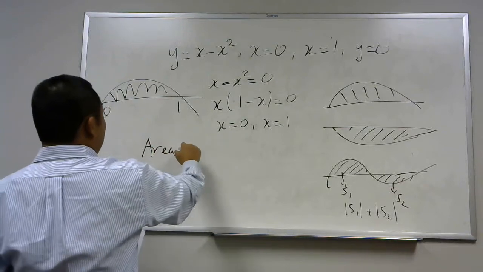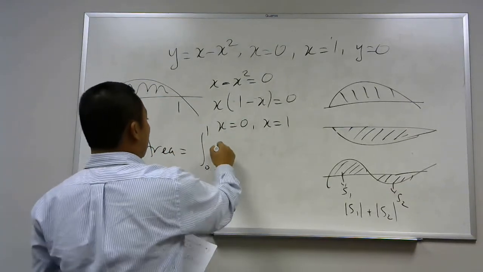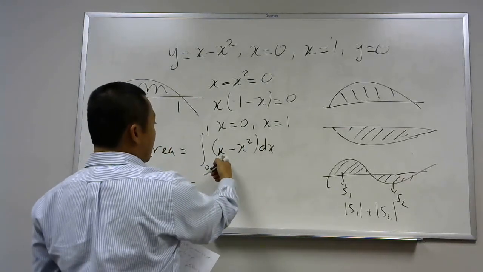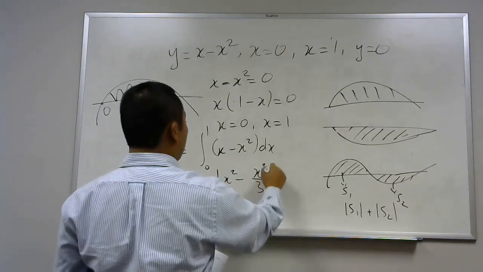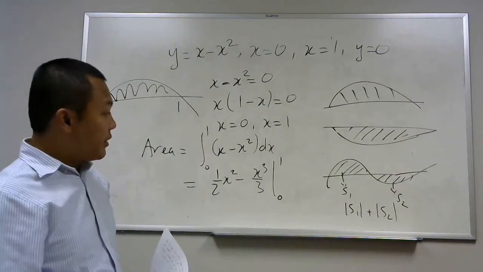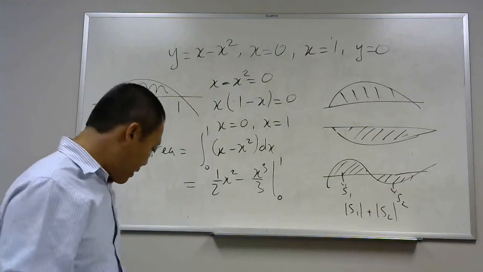The area is equal to the definite integral from 0 to 1 of x minus x squared dx. And that is 1 over 2 x squared minus x cubed over 3. You evaluate from 0 to 1. You see? And now you plug 1 into this, you plug 0 into this function, you get the answer.